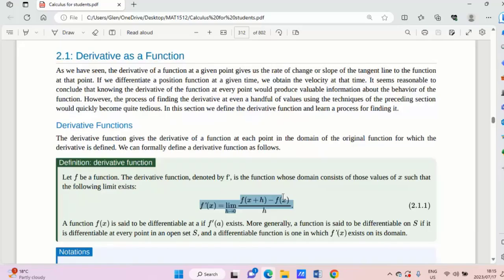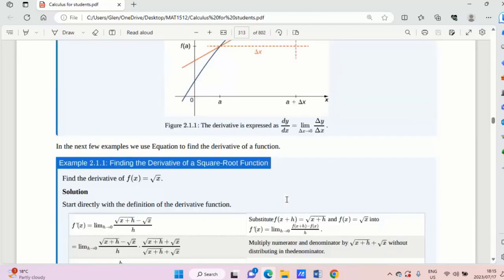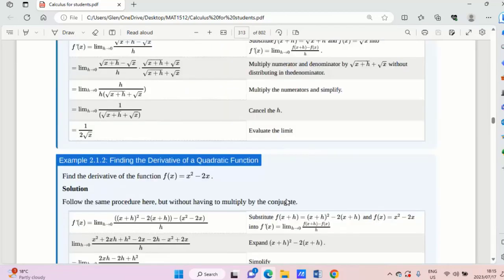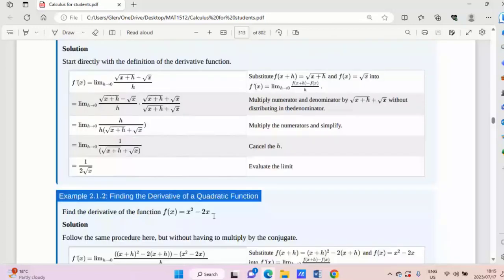Where should I go? Now let's come here to this example. Having written that down, what we are just doing in example 2.1.2, they are saying find the derivative of a quadratic function.